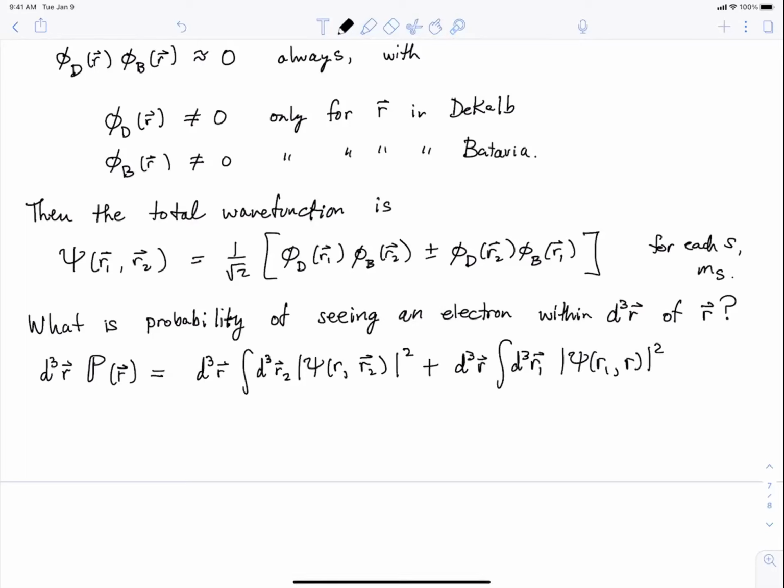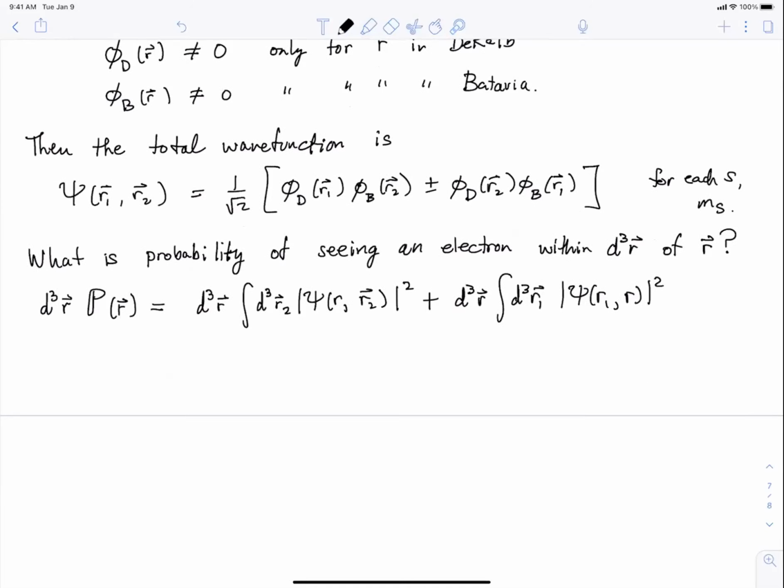Okay, so I've just written down the previous thing, but now I'm calling in the first term, I'm calling R1 to be the position I'm interested in. And since I'm only asking about one electron, then I'm integrating over all the possible positions of the other electron, and then the opposite in the second term. So the interpretation of this first term is, this is the probability that electron 1 is the one I'm finding at R, summed over all possible electron 2 positions.